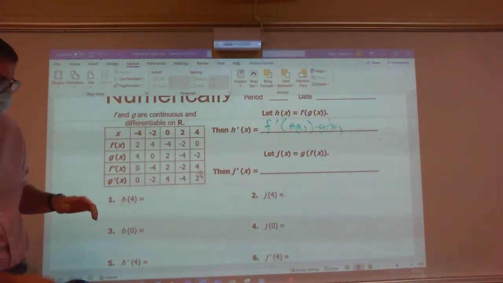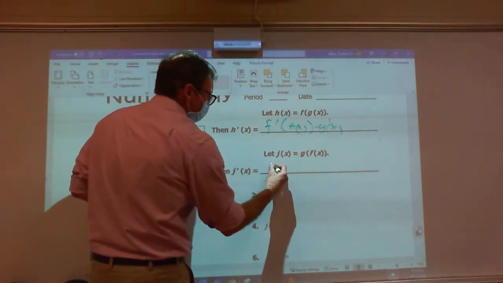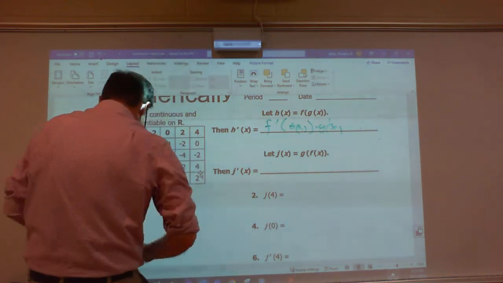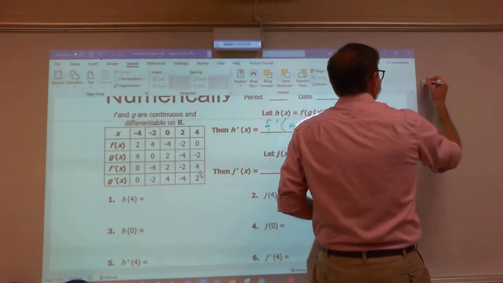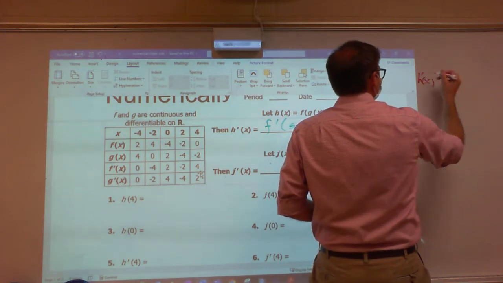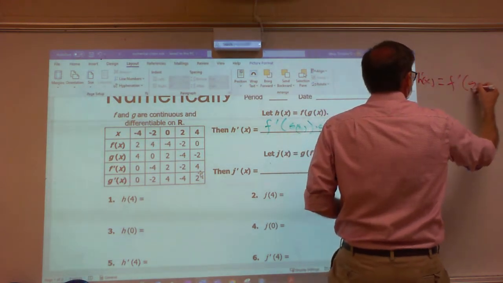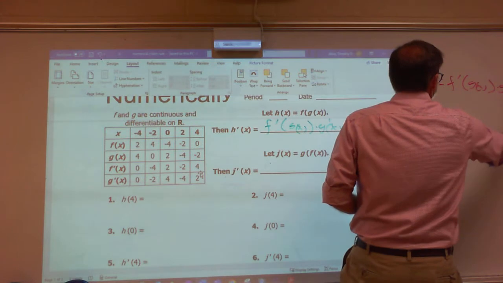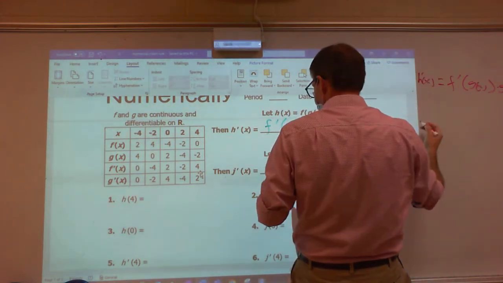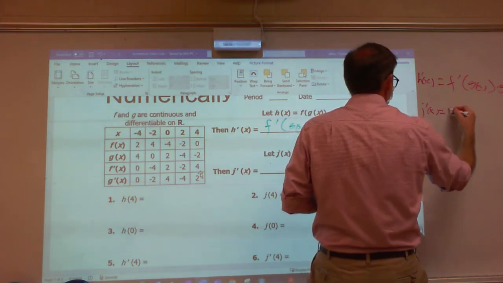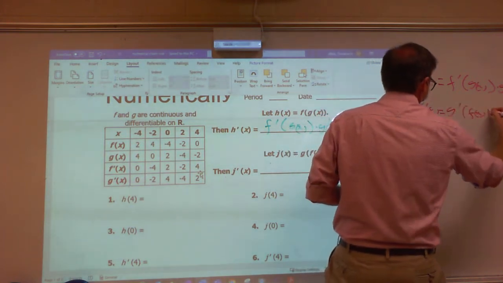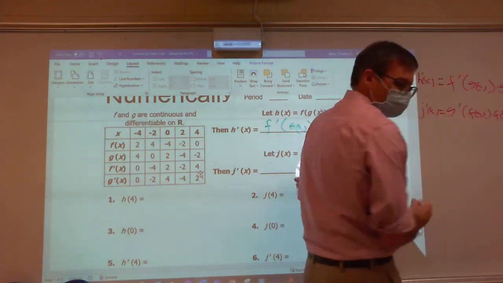All right, so you should have written down, actually, since I'm going to be scrolling, I'm going to put this over here. So h prime of x is going to equal f prime of g of x times g prime of x, and j prime of x is going to equal g prime of f of x times f prime of x.